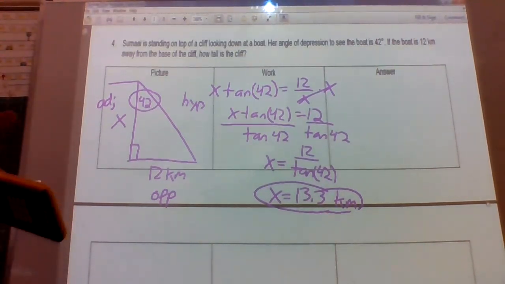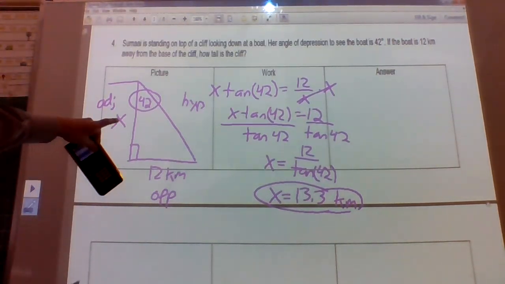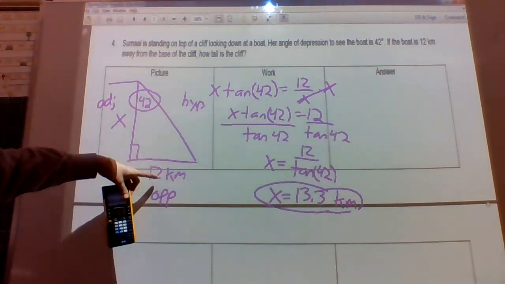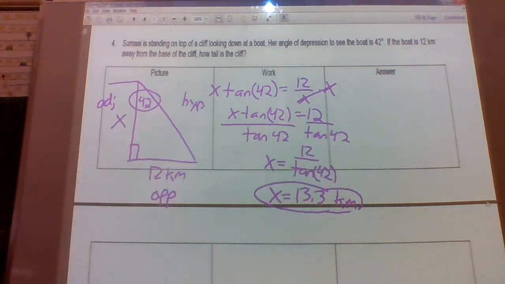Let me first say that's the right answer here because this is 42. So this side should be slightly bigger than this one. But that's a ridiculously tall cliff. You're in outer space, outside of the atmosphere. This cliff is outside of the atmosphere, I think. You're past the International Space Station.